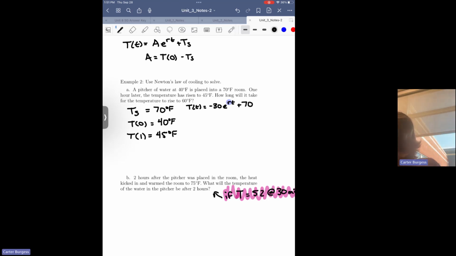All right, very good. And so how are we going to use this to actually find R? Well, this tells us that 45 should be equal to negative 30 e to the R times 1 plus 7. You feel okay about what I just did?